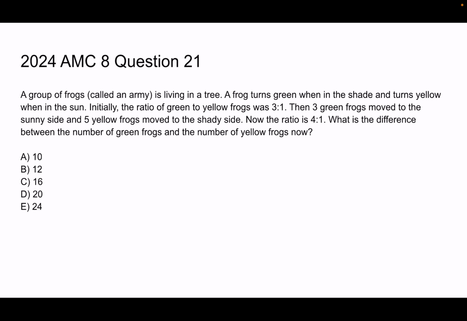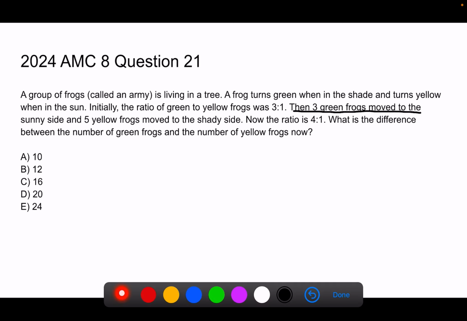Remember, they will change color. So 3 green changed to yellow and 5 yellow changed to green. Now the ratio becomes 4 to 1. The question now is, what is the difference between the number of green frogs and the number of yellow frogs now? This is for the 4 to 1 case. Now, not originally. So be careful.